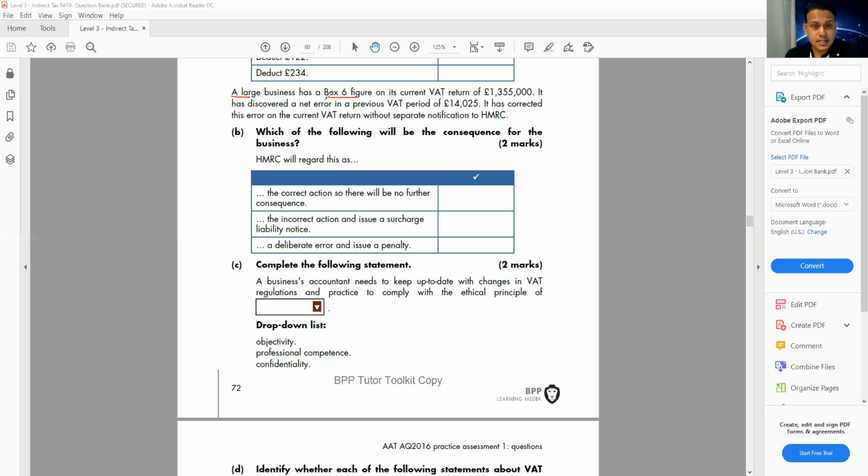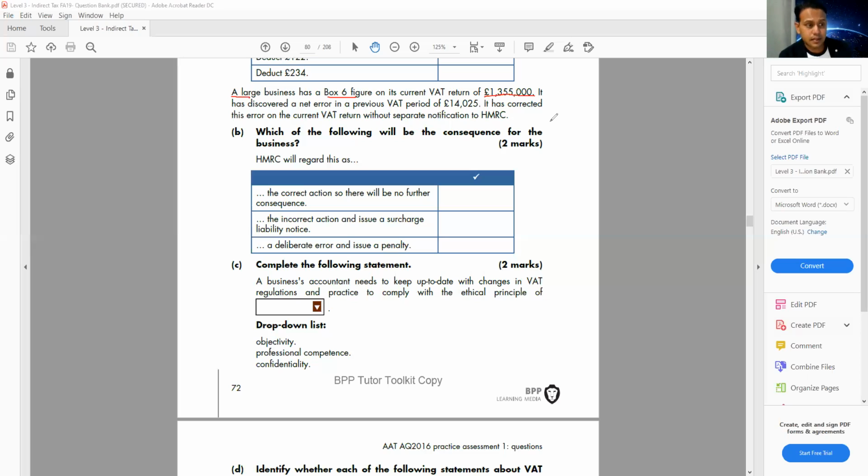It says a large business has a box 6 figure on its current VAT return of 1,355,000. It has discovered a net error in a previous VAT period that is 14,025. It has corrected the error on the current VAT return without separate notification to HMRC. So we know there is some criteria, and if this criteria isn't satisfied, we have to tell HMRC separately for the net error.